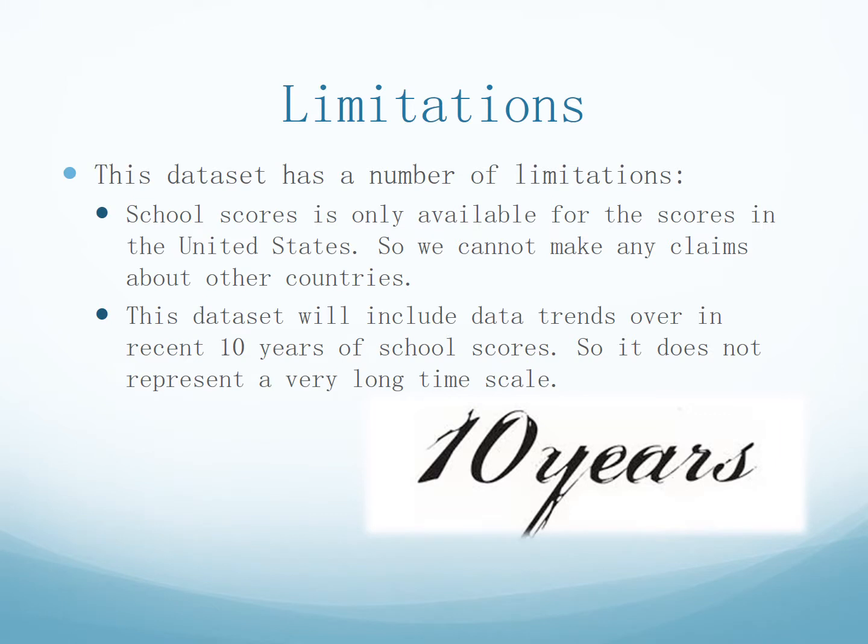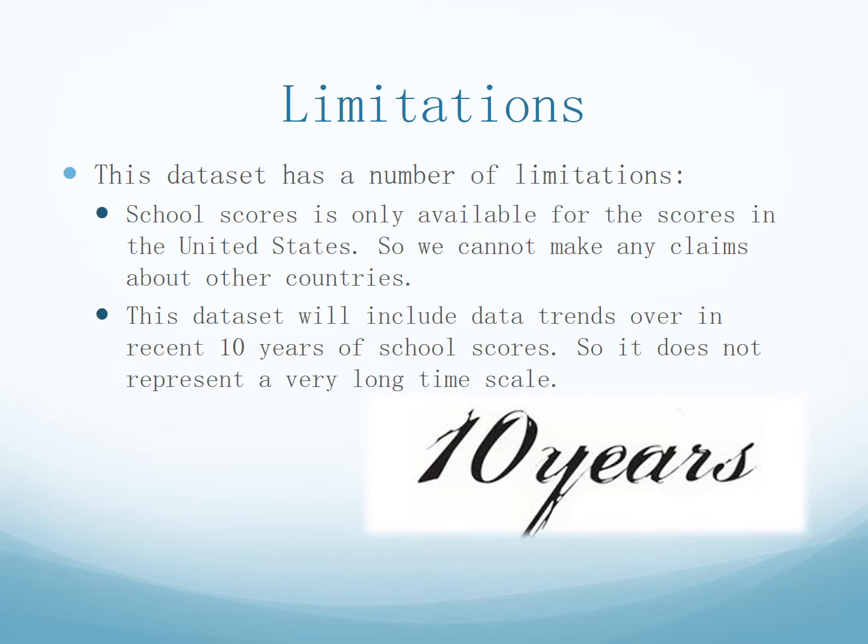Next, we have limitations. This dataset has a number of limitations. School score data is only available for the United States, so we cannot make any claims about other countries. We can only use this data to create research or datasets in the United States, but not in other countries.